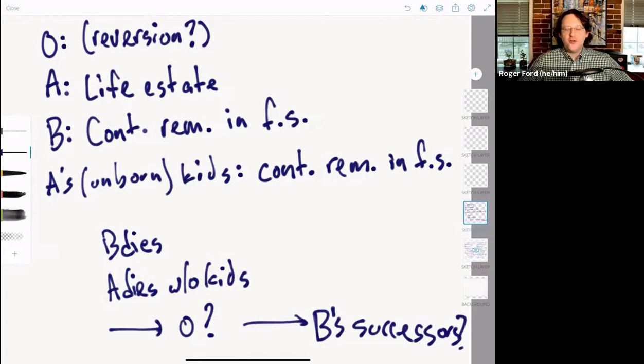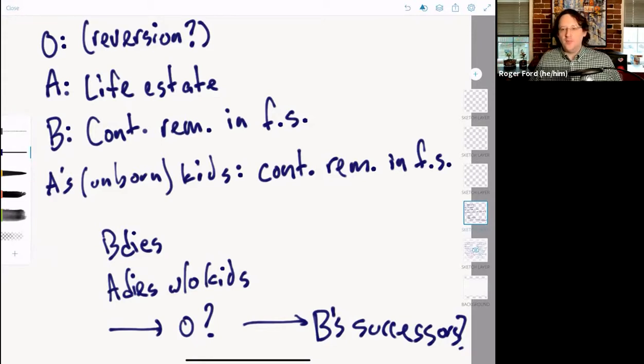Yeah, so that's a good point, right? The way to think about it is this, at the time of your death, you can convey by will or to your heirs or whatever, the stuff you have at that point, right? But when we say have, we mean, do you have a legal ownership stake in it? So if you have a future interest, if you have a remainder, even if it's a contingent remainder, think of that like a coupon that says if A dies without kids, then your interest in this property becomes possessory.